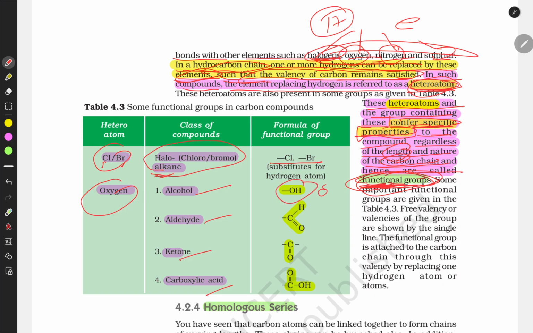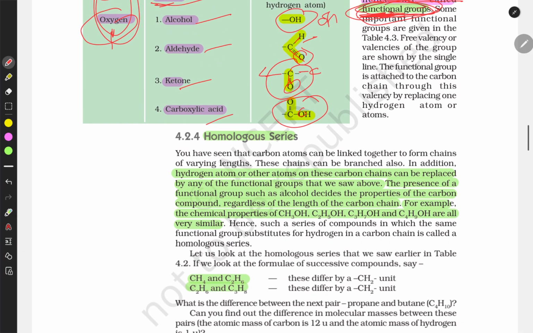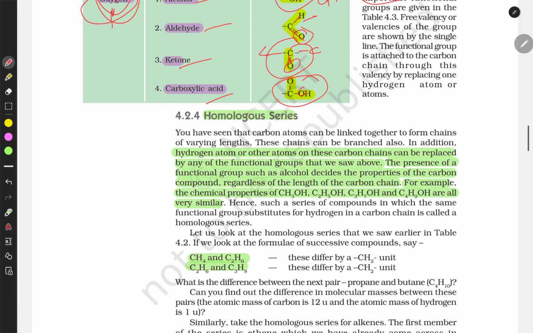Alcohol has OH, aldehyde has a double bond with oxygen and a single bond with hydrogen, and ketone has a double bond with oxygen at a carbon in the chain, and carboxylic acid has OH and a double-bonded O. These are heteroatoms because they replace the hydrogen atom from the carbon chain. Now study the homologous series.